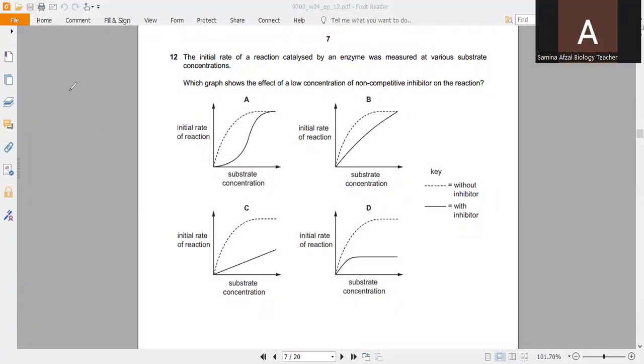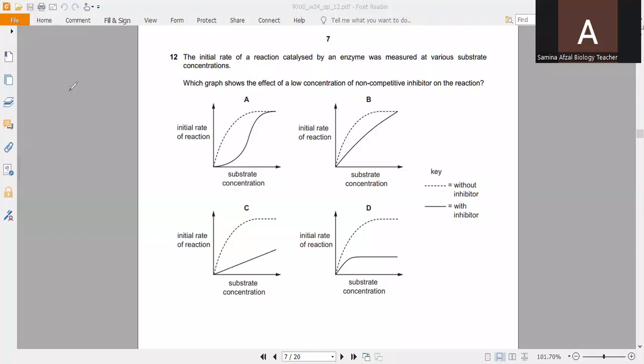Students, you know the competitive inhibitor will try to bind on the active site of the enzyme, whereas the non-competitive inhibitor will not bind on the active site, it can bind anywhere on the enzyme. So it will affect the reaction. So we have to find out which is the correct option.